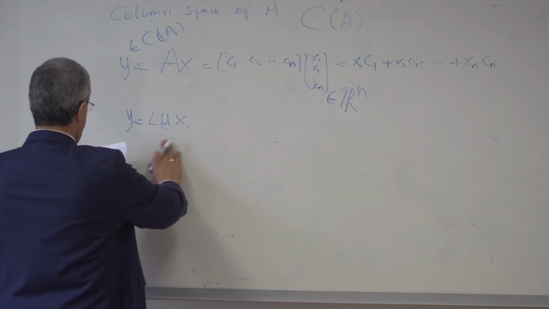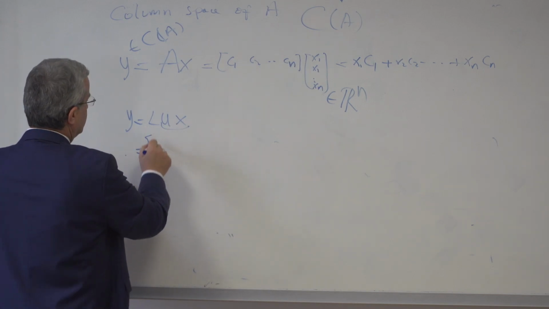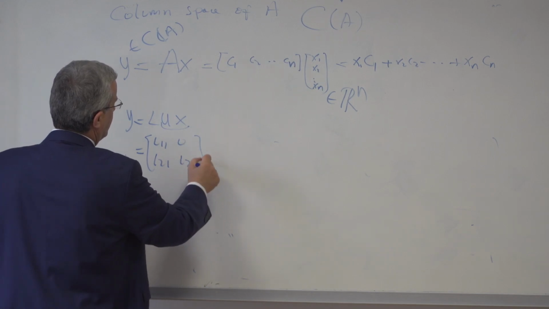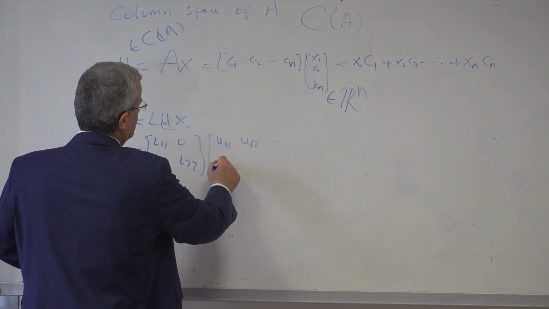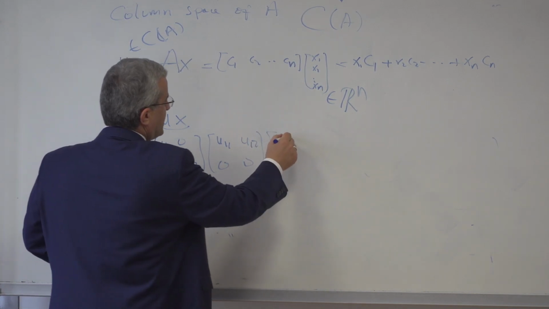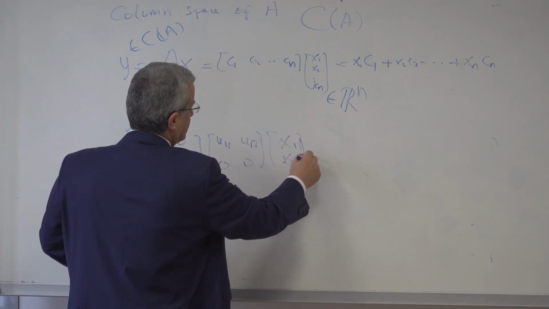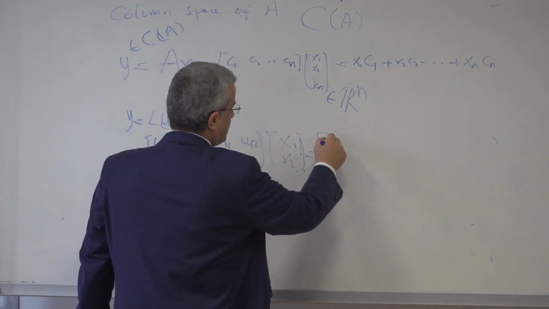Before I do that, let me continue like this. So L11, 0, L21, L22, times U11, U12, 0, 0, times x1 and x2. Let's first multiply this out. What do we get?